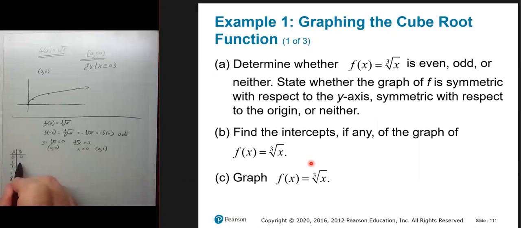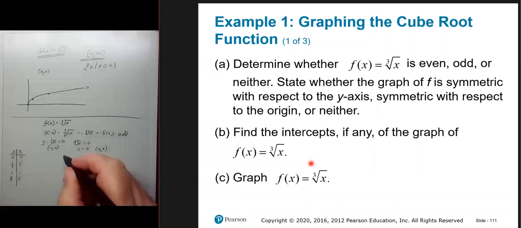The cube root of 1/8 is 1/2. The cube root of 1 is 1. The cube root of 8 is 2, because 2 times 2 times 2 is 8. So it takes three 2's being multiplied to get 8. That's the definition of cube root.